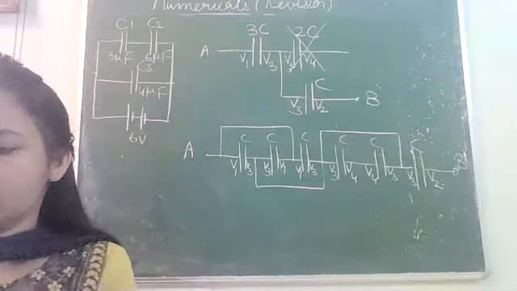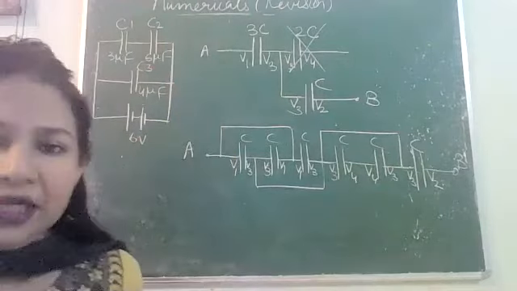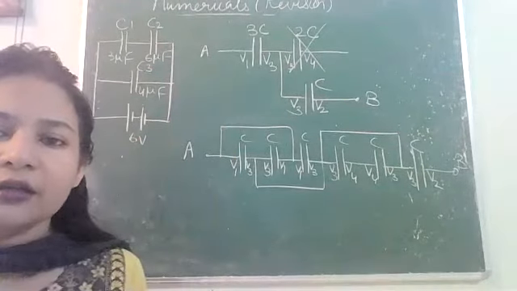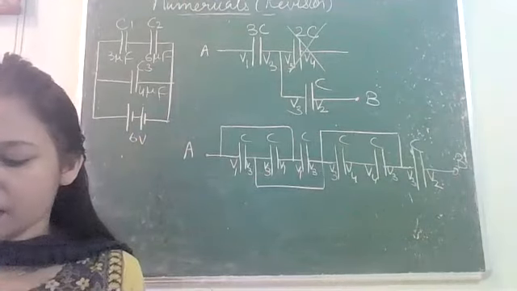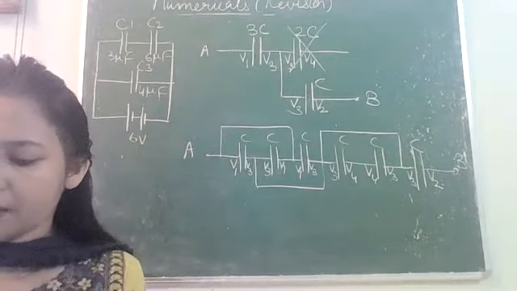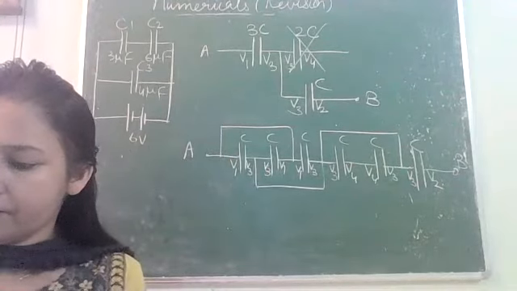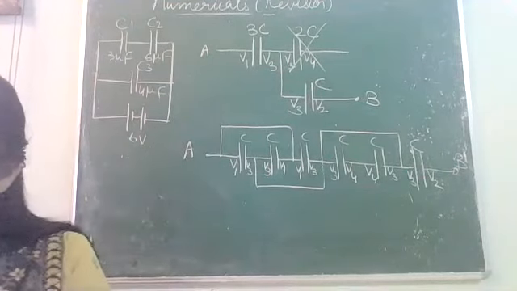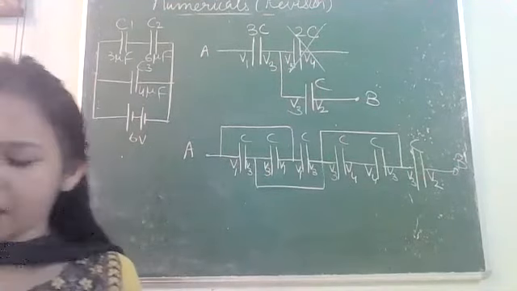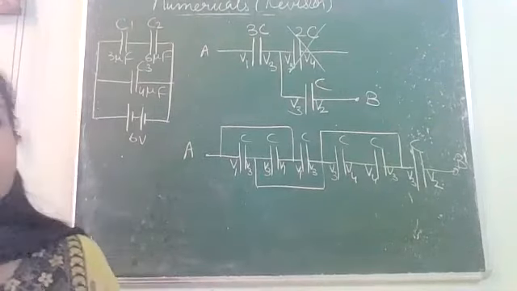Equivalent capacitance: these first two are in series and then in parallel with 4 microfarad. What is the equivalent capacitance? Yes, 9/2. Simple. Yes, how much? 9/2. The total capacitance, 6 is not coming? 6 microfarad is not coming? It is 6.